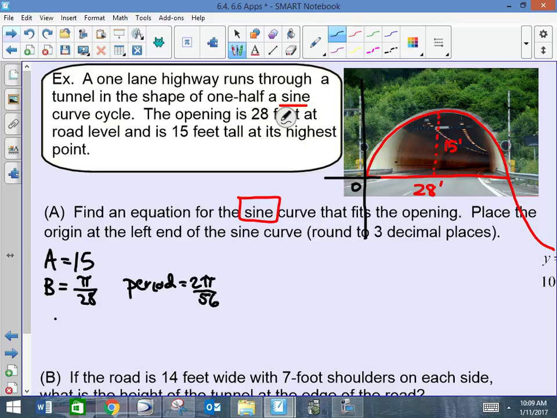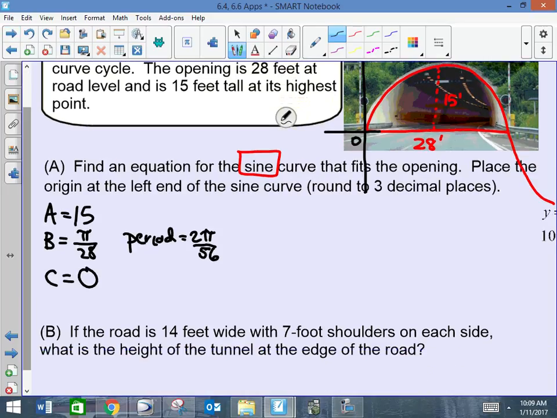All right, going right down the list. C, what's C again? The horizontal shift. We aren't shifting, it said to put that origin right there, which was nice and convenient. And then D is the middle. We're assuming road level is the y-axis, so D is also 0. Because that's our origin, it's not really an assumption.